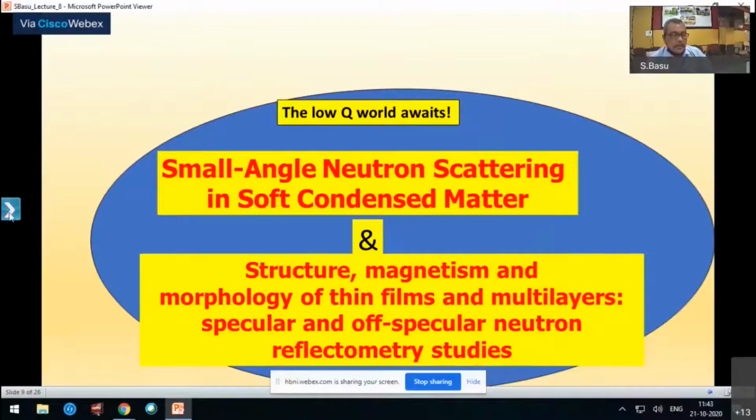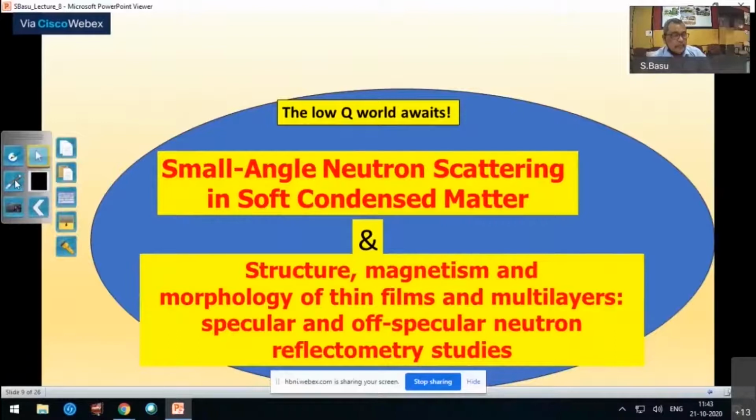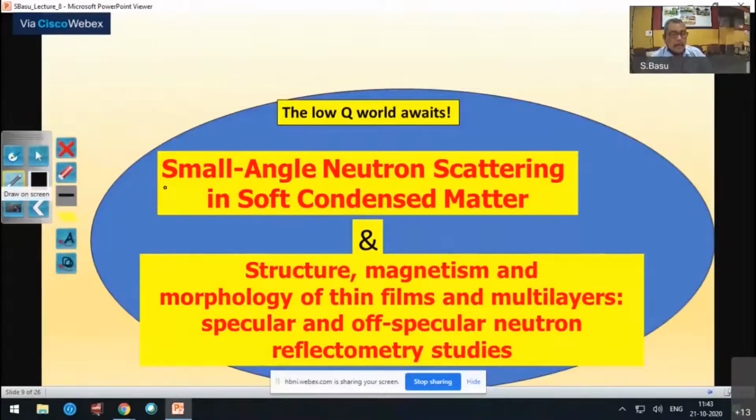In ordinary parlance, it is called small angle neutron scattering. Small angle is basically small q. The very common term is SANS.